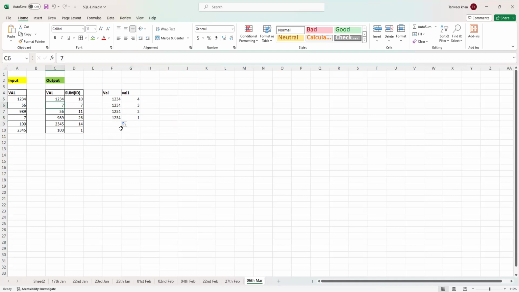Similarly, 7 will be 7 only. And suppose the next one is 5, 6. I'll break 5, 6 into 5 and 6. This is what I'm planning, that I can do it like this.